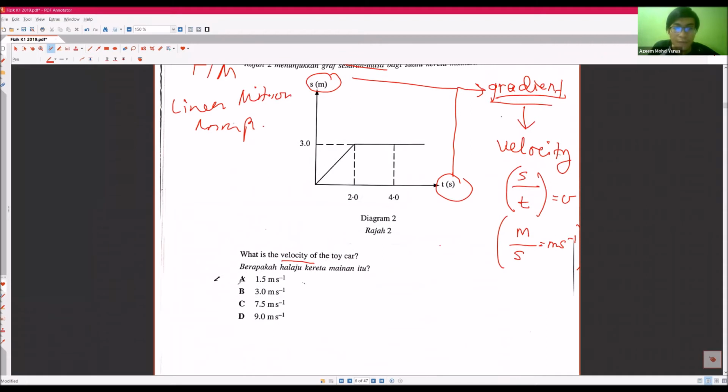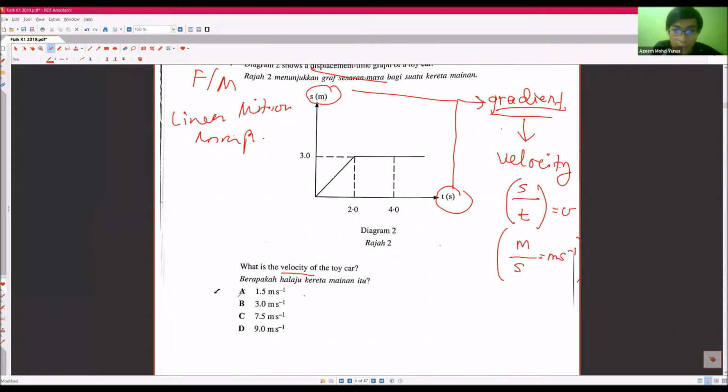So what is the velocity of the car? If you can see, this region over here doesn't move. So it is at rest. The toy car is at rest for this whole period of time. So it only has a velocity during this period of time.